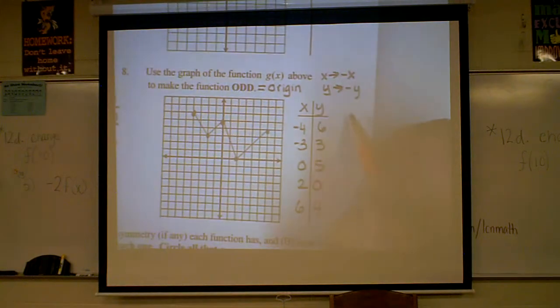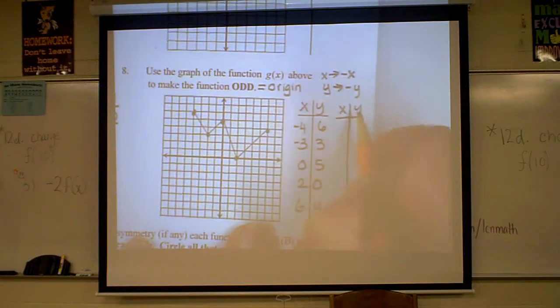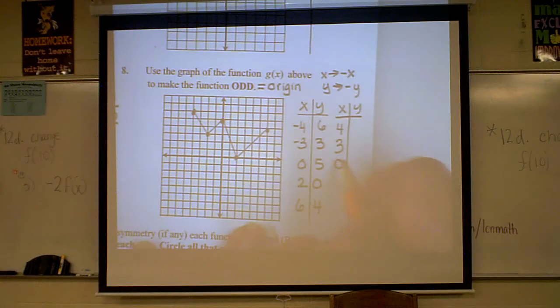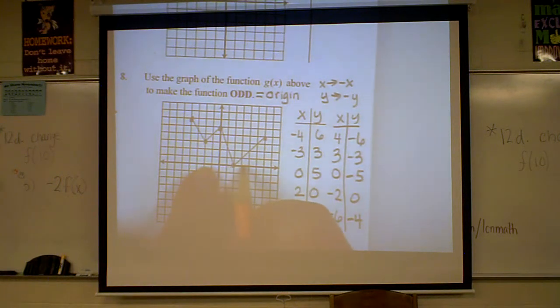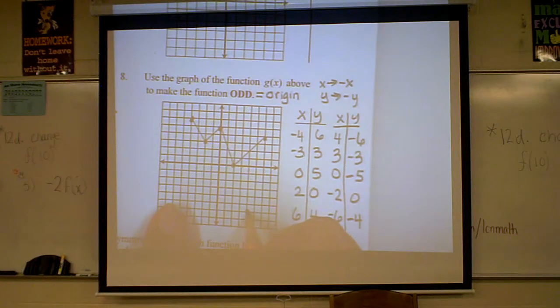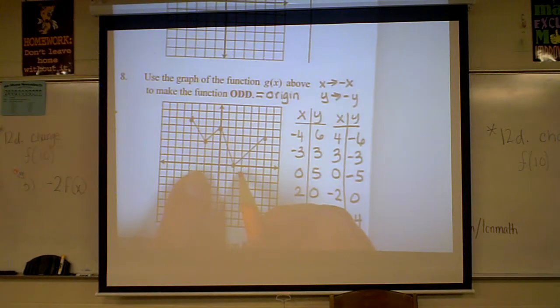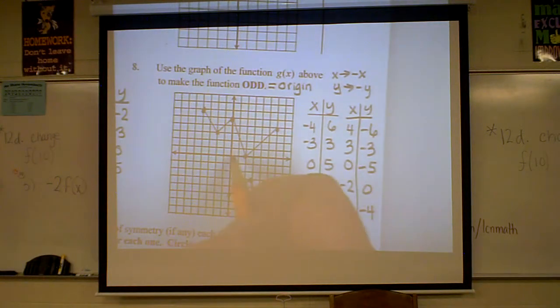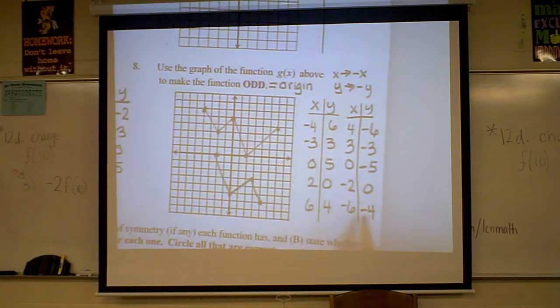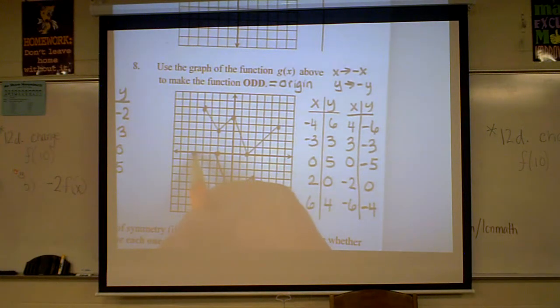So what you would plot now, if you changed all the signs, is 4, -6, then 3, -3, then 0, -5, then -2, 0, and last, -6, -4.